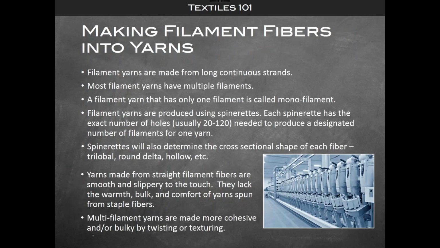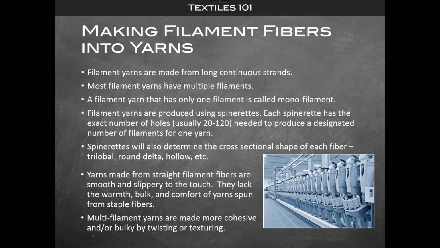For filament yarns, the manufacturing steps are a lot different. Filament yarns are made from long, continuous strands. Most filament yarns have multiple fibers. If they don't, it's called a monofilament. If you think of a fishing line, that is a monofilament yarn. Filament yarns are produced using spinnerets.